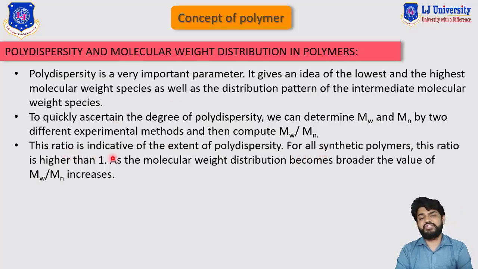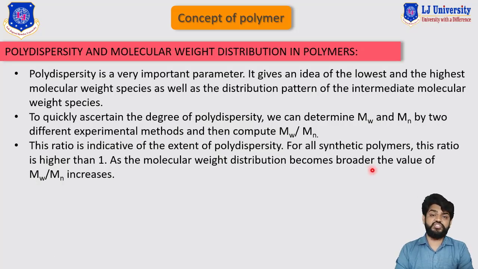Now this ratio always indicates the extent of the polydispersity. For all synthetic polymers, this ratio is always higher than 1. As the molecular weight distribution becomes broader, the value of Mw divided by Mn increases. So this ratio is largely affected by the polydispersity of the polymer, right?